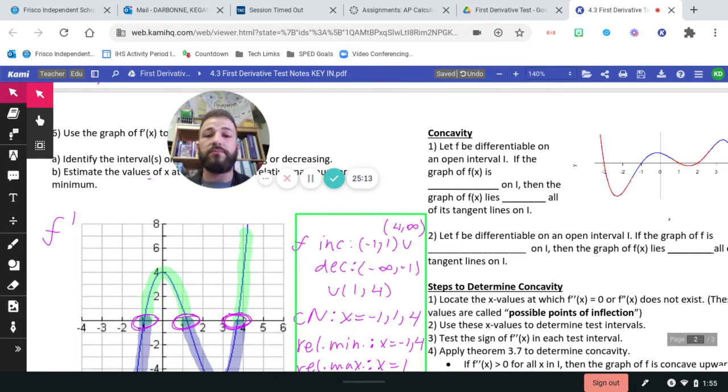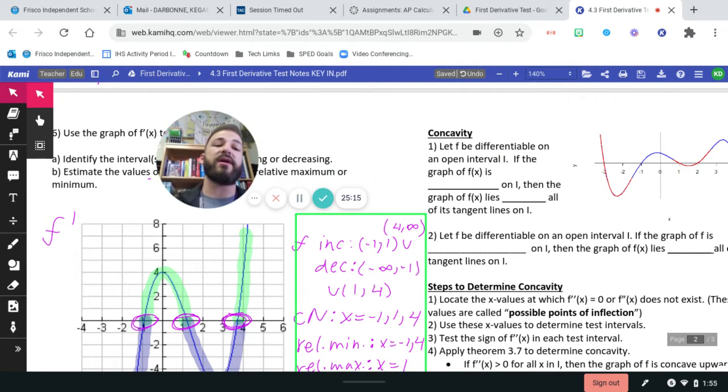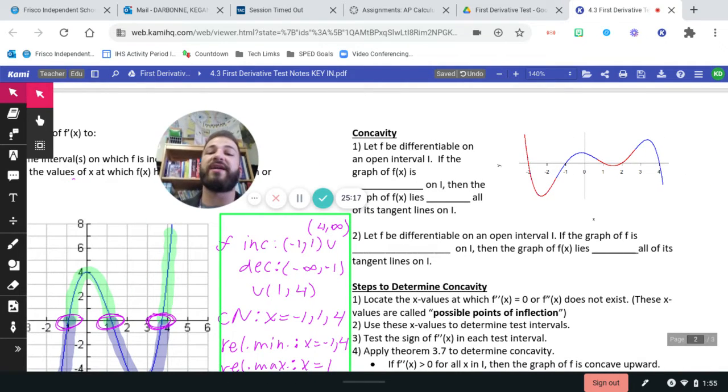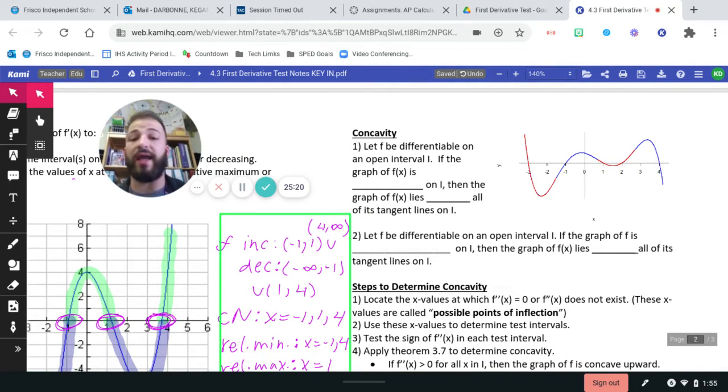Okay. So the next thing we're going to talk about in terms of identifying features of our graph is concavity. Concavity has to do with the shape of the graph. So increasing and decreasing has to do with going up or going down. Concavity has to do with the shape.